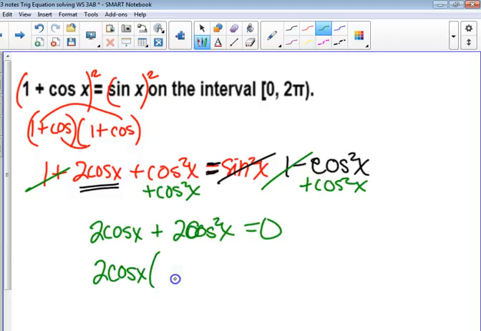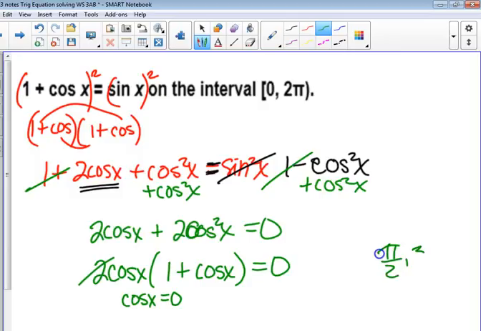What will be left? Be careful. Okay. Does 2 ever equal 0? Does the cosine equal 0? At what places? Okay. Does the cosine ever equal -1?